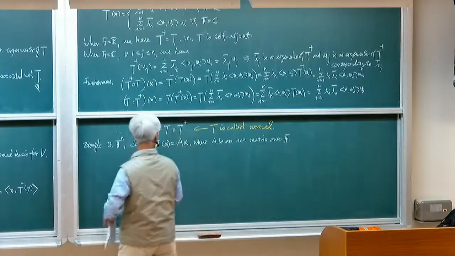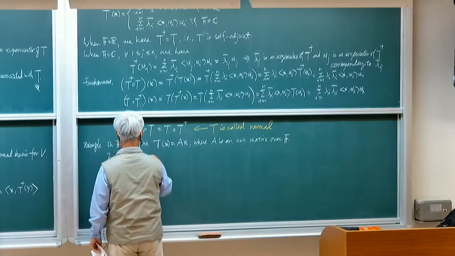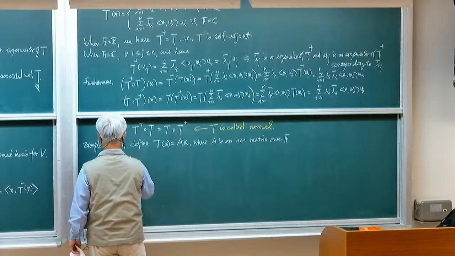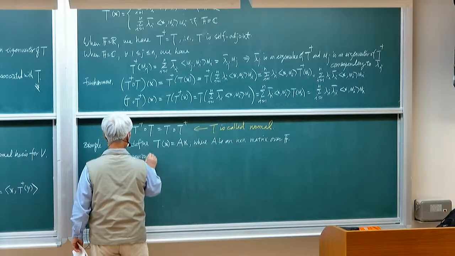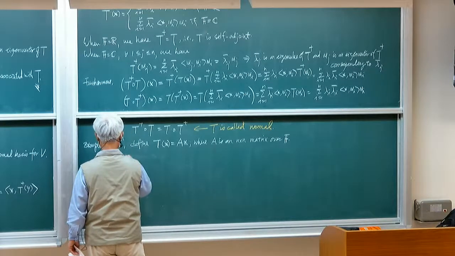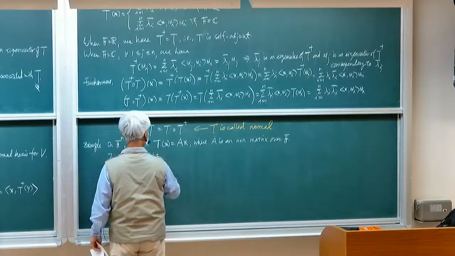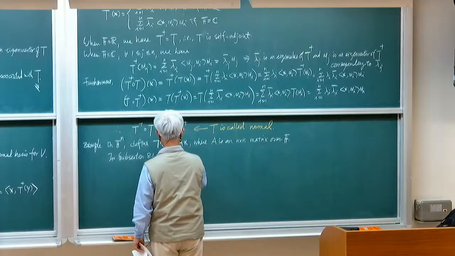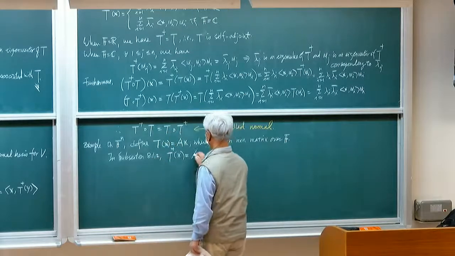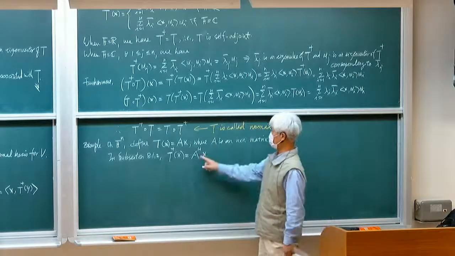In the previous subsection, subsection 8.1.2, the T dagger actually is equal to the Hermitian, the conjugate transpose of A, times x.